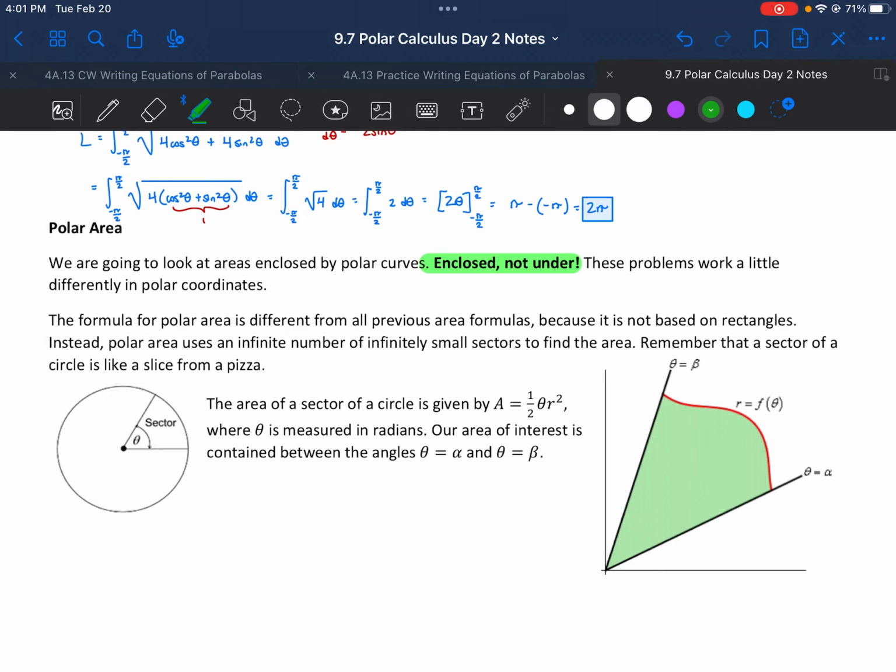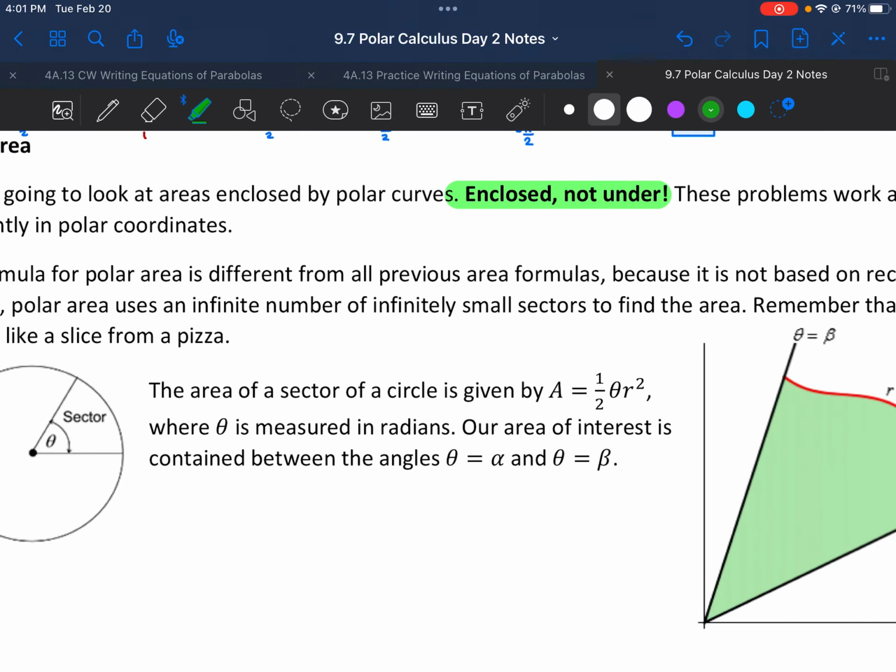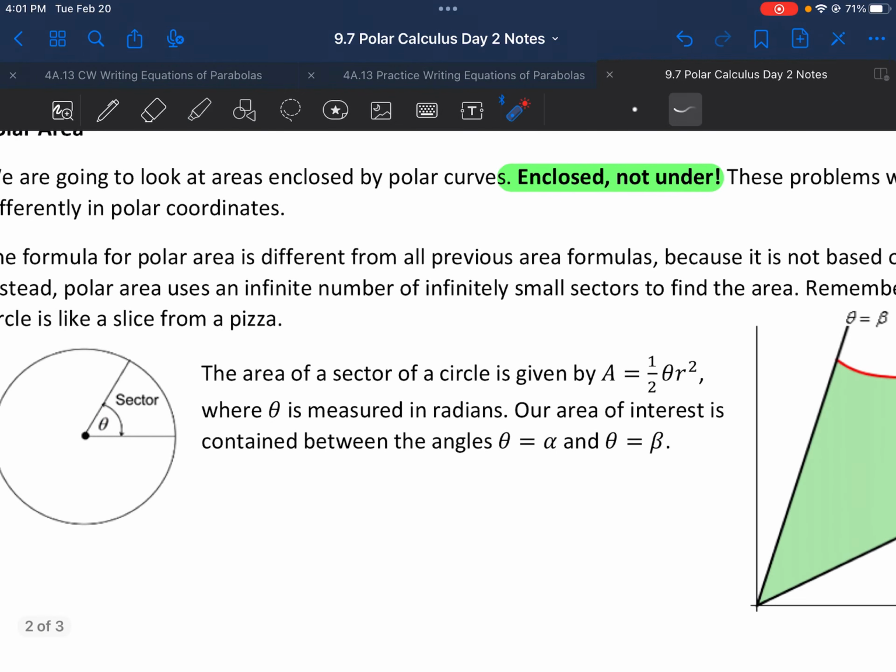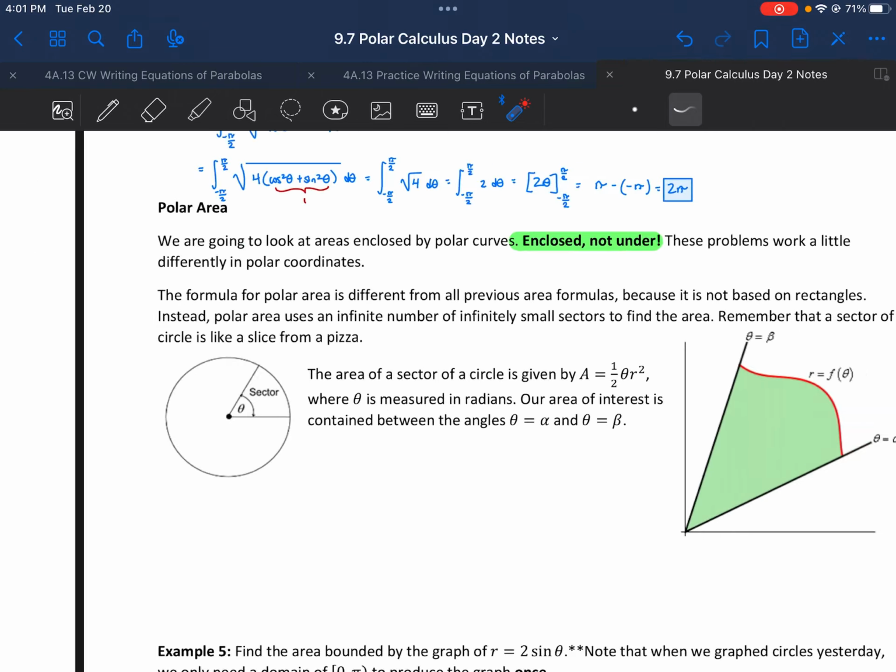From geometry, we know the area of a sector of a circle is given by A, that's area, equals 1/2 times the angle times the radius squared, where theta is measured in radians. Our area of interest is contained between the angles alpha and beta.